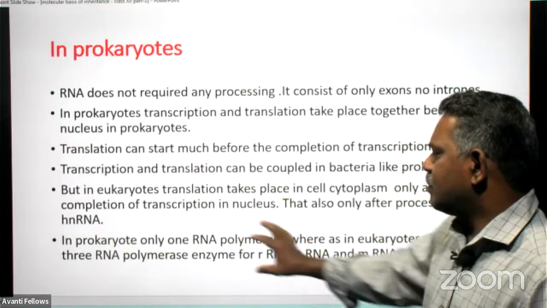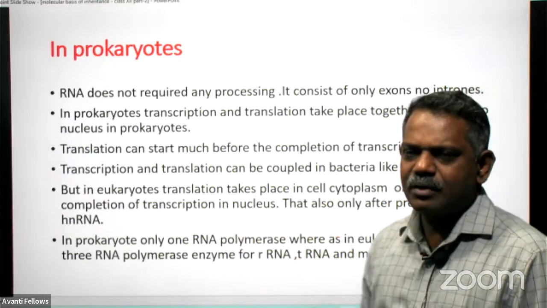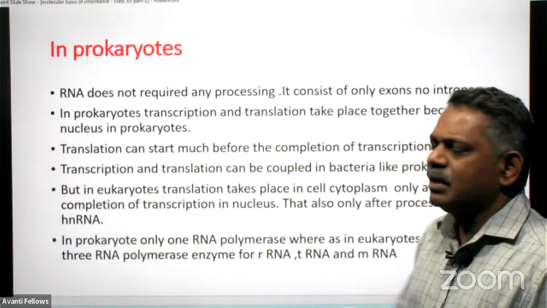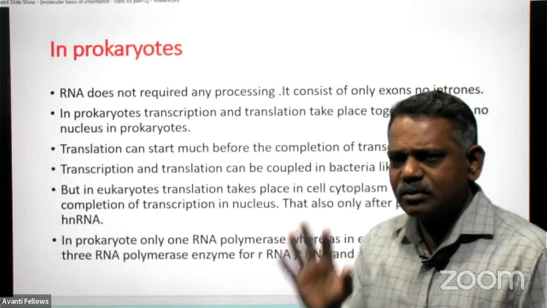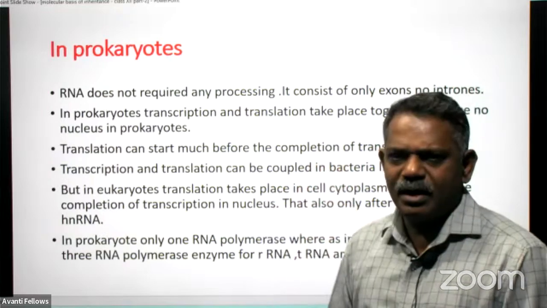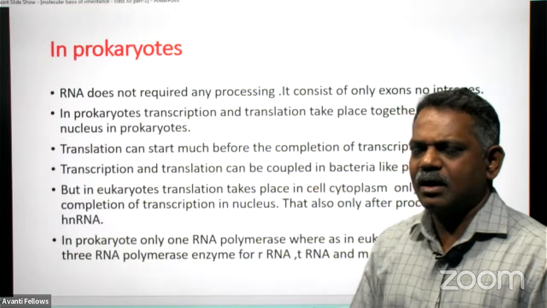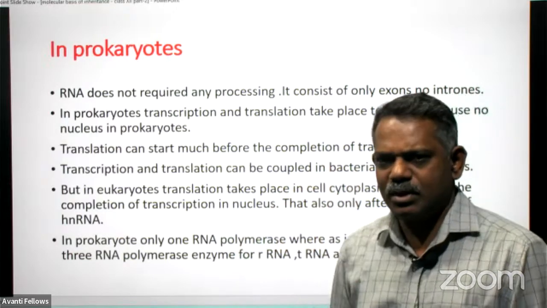And in prokaryotes, there is only one RNA polymerase. I told you yesterday, in eukaryotes there are three types of RNA polymerase to synthesize three types of RNA: rRNA, tRNA, and mRNA. RNA polymerase 1, RNA polymerase 2, and RNA polymerase 3.